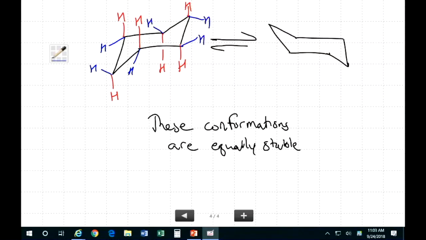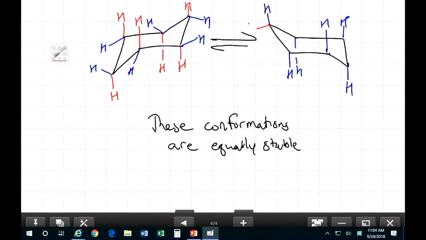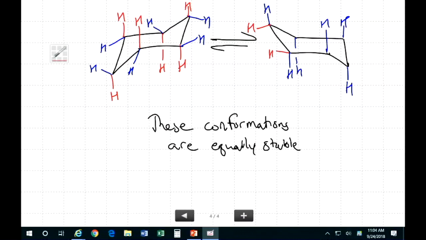When we do our ring flip, all our axial groups become equatorial and our equatorial groups become axial, and we go from 6 axial and 6 equatorial groups to 6 axial and 6 equatorial groups. So there's really no difference in these two structures, so they are the same energy.